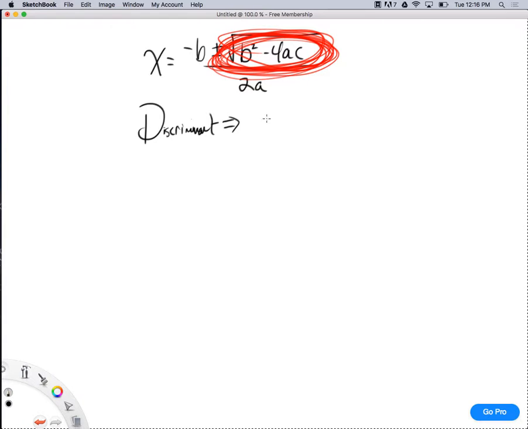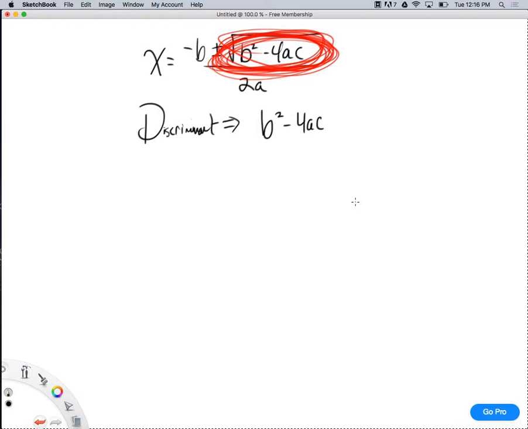The discriminant is b squared minus 4ac. It's the part of the quadratic formula that's under the radical. That part, b squared minus 4ac, is called the discriminant.